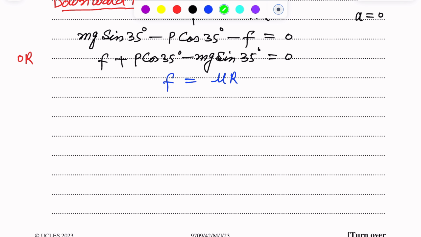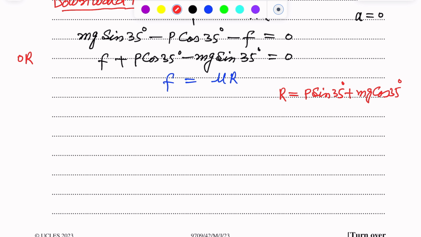So first of all, we find R. R is equal to P sin 35 degree plus mg cos 35 degree.